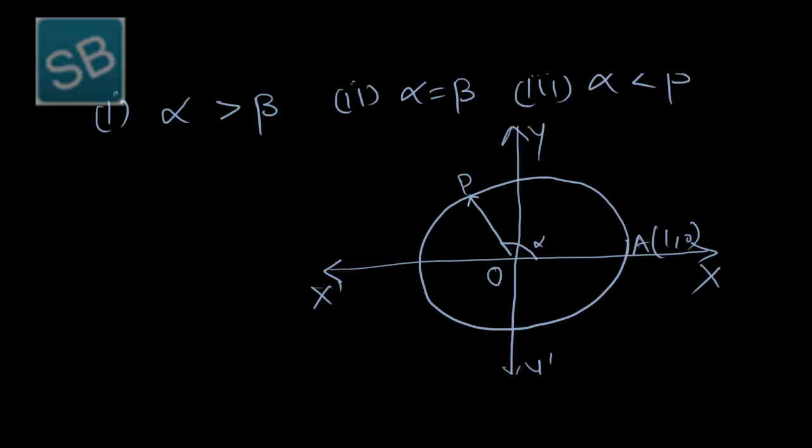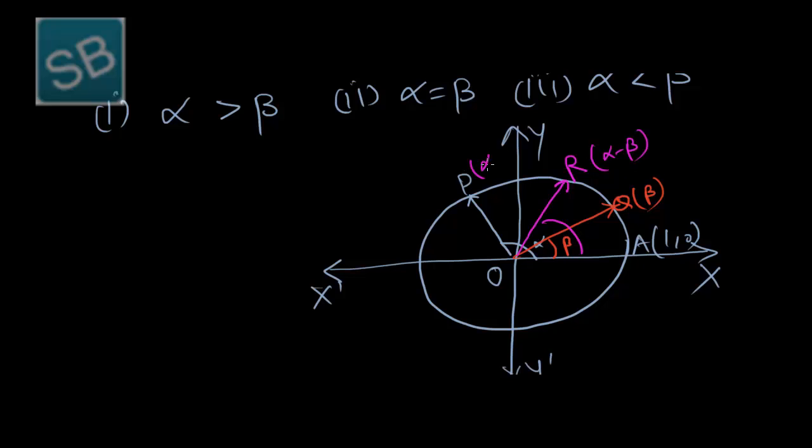Then let me draw Q of beta with the positive axis. What is alpha minus beta? Suppose if alpha is 120 and beta is 40, then alpha minus beta is 80. So we draw alpha minus beta, that is R of alpha minus beta.